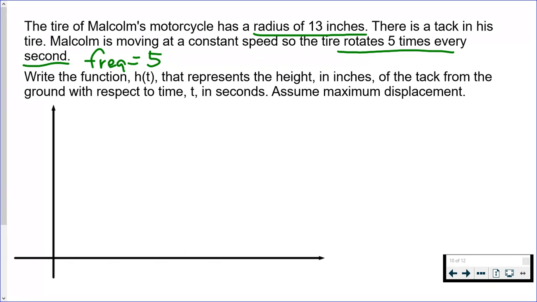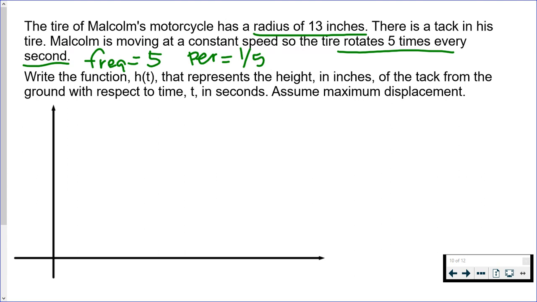Remember, if you're given the frequency or the period, you can use one to find the other. The frequency and the period are reciprocals of each other. So the period, instead of being 5/1, would be 1/5. So frequency is 5, period is 1/5.